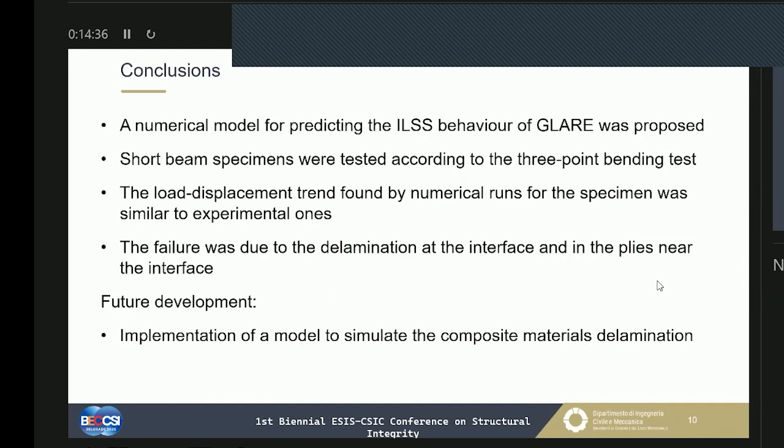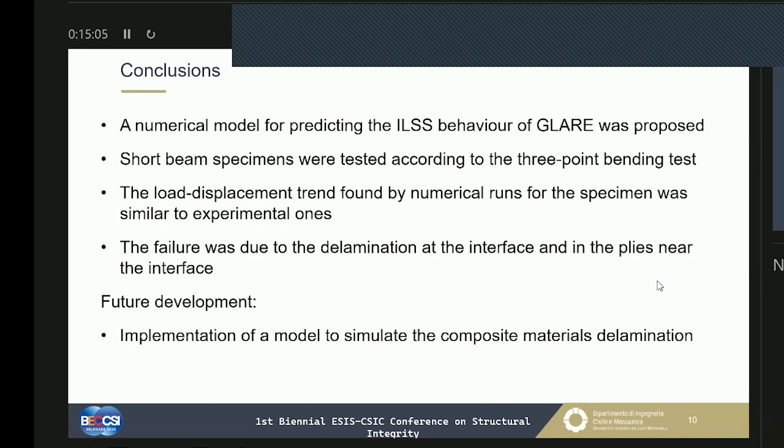So, to conclude, in my work I presented a numerical model for the simulation of the interlaminar shear test in a glare composite. I tested a short beam specimen, and the results from the experimental tests are comparable to what I obtained from the numerical runs.